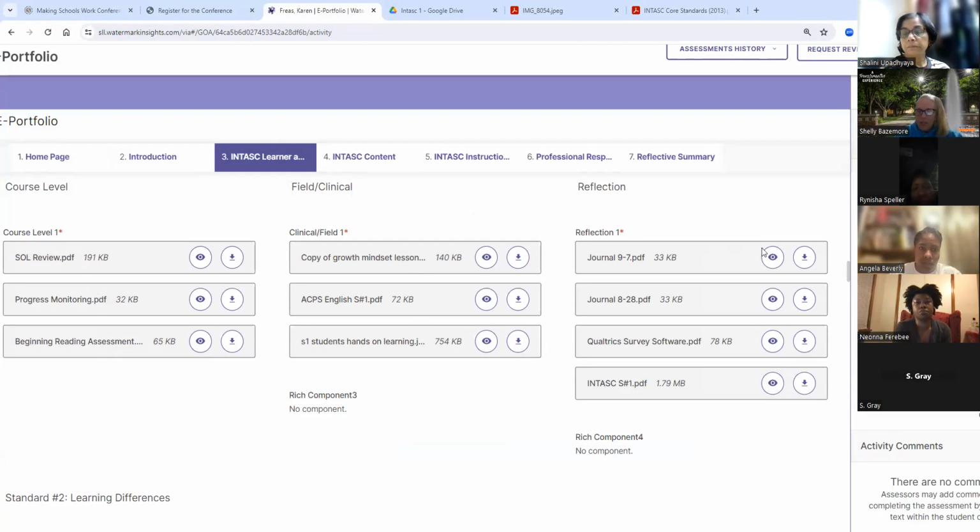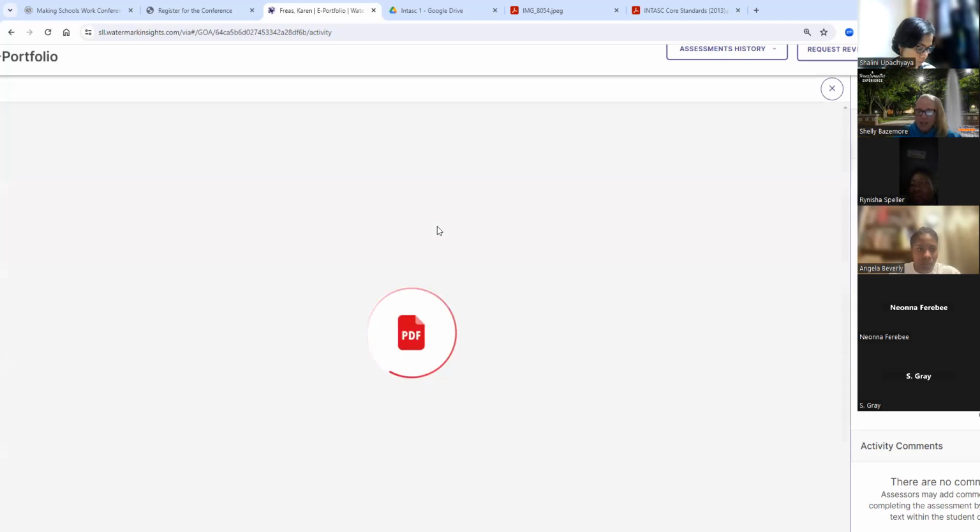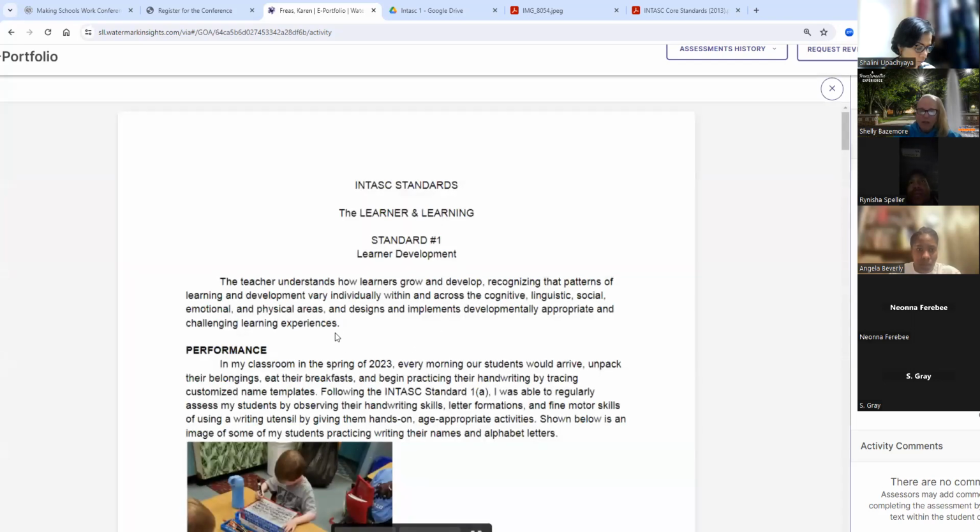Under reflections, really your InTASC standard essay is supposed to go first, and then you add in 2 additional journal articles that go along with it. But this particular essay is nothing more than, after you put in this beginning information, which is on your cheat sheets, and you go into performance, all you're doing is cutting and pasting your blurb and your artifact into this essay.